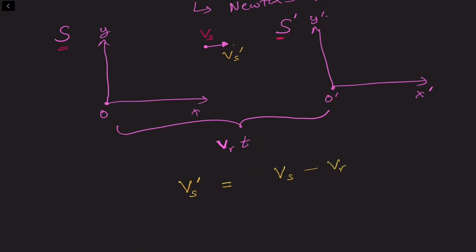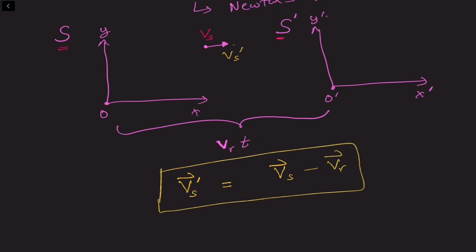Okay, if these are vectors, then you would take into account appropriate vector signs. What this tells me is that since the observer S prime is moving to the right, this object should appear to be moving slower with respect to observer S prime.